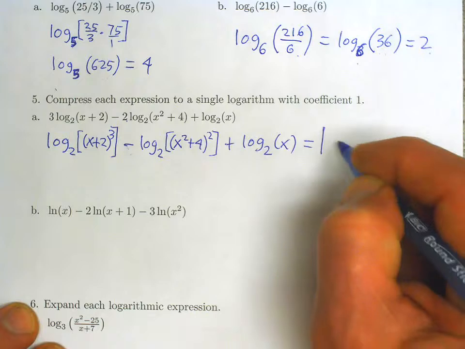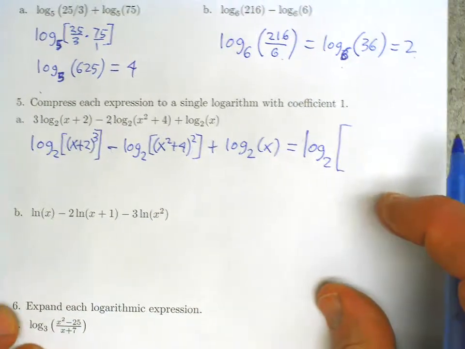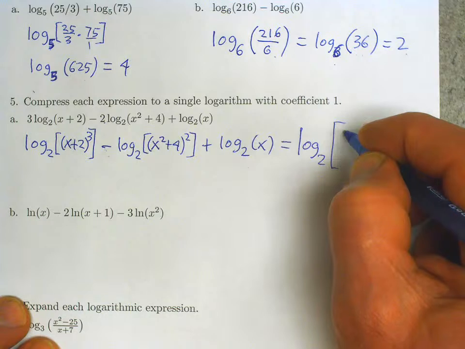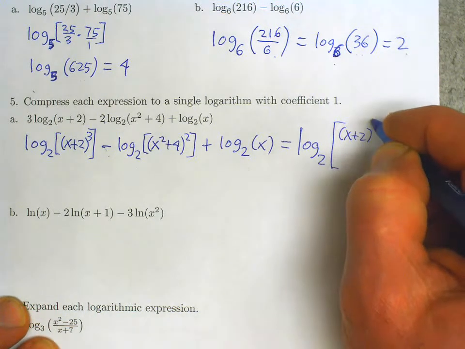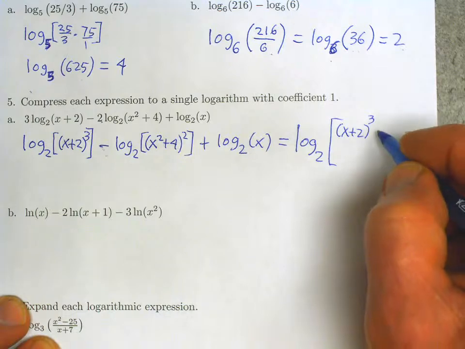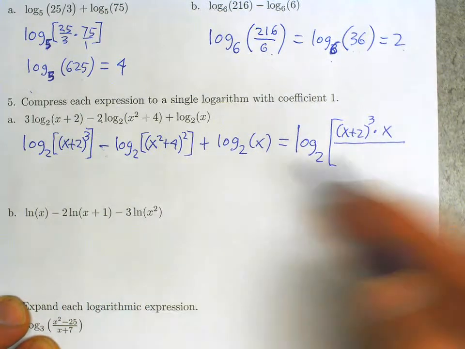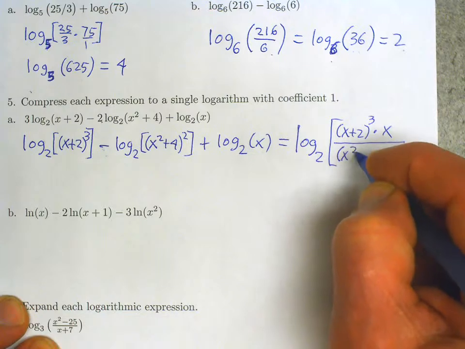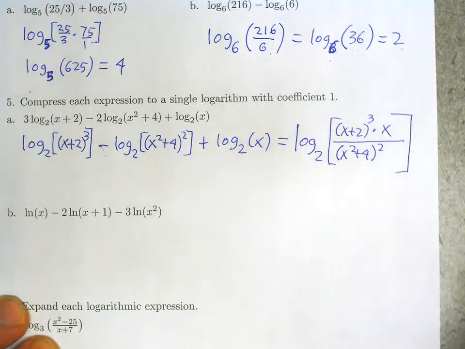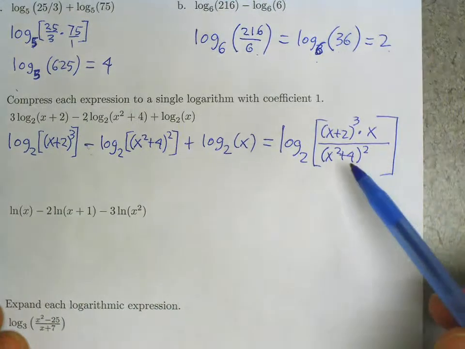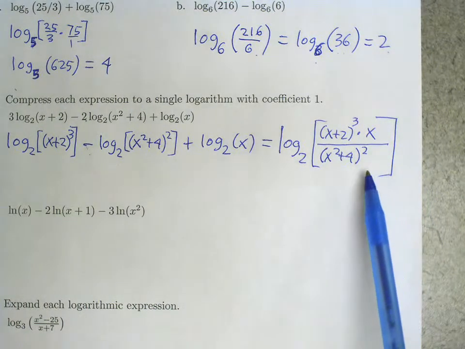So when we write it as a single base 2 logarithm, we'll have in the numerator x plus 2 quantity to the 3rd multiplied by x, and then in the denominator we have x squared plus 4 to the 2nd. And don't do any more with that argument. This is all that's expected.